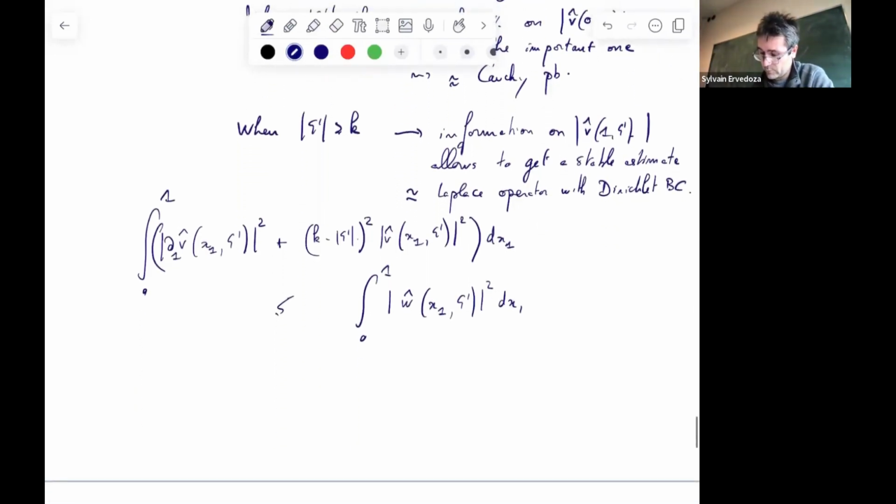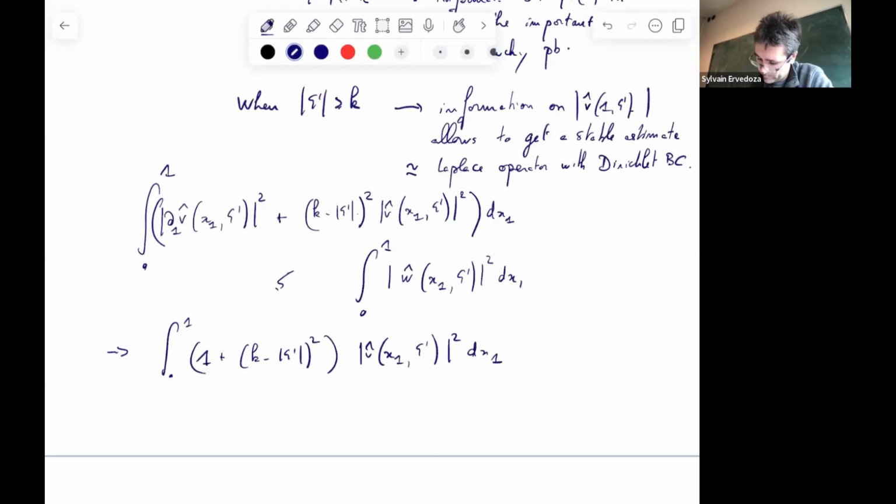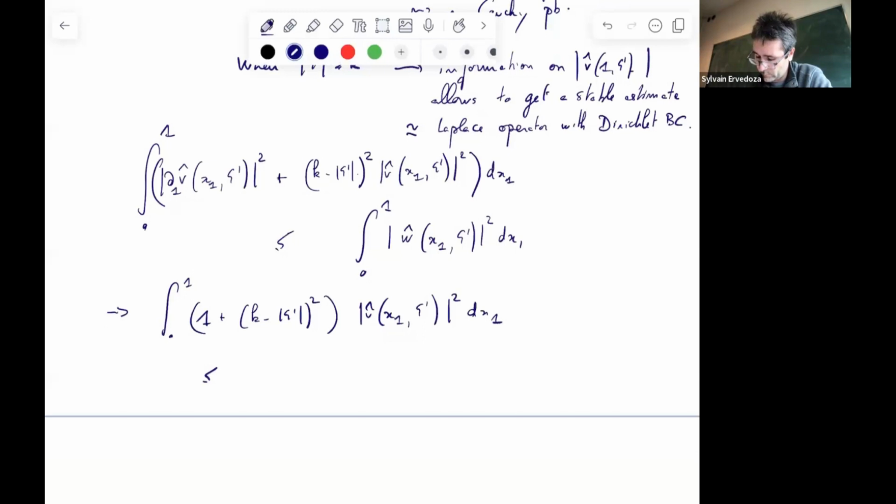Okay, so I think my time is almost up. Let me just tell you that by Poincaré, you get (1 + k − ψ′) ∫ |v̂(x1, ψ′)|² ψ′² dx1 less than ŵ. On ŵ, we have an estimate with k plus ψ′ coming from the previous estimate, right?